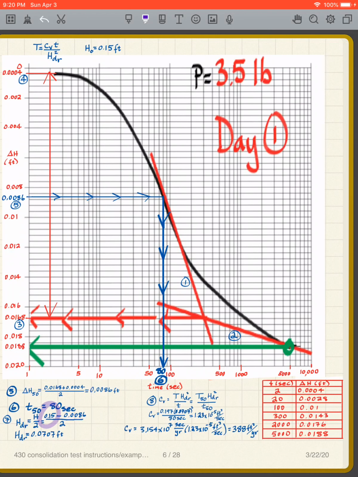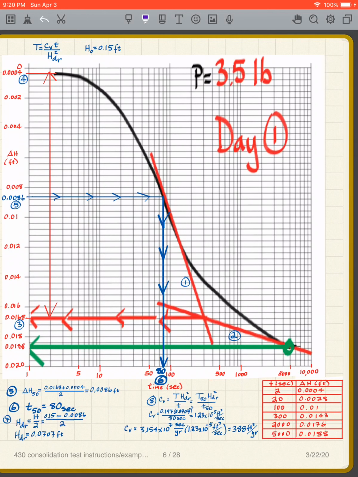So to get my HDR, I have to subtract that, because that's the delta H that has taken place. So it's no longer 0.15 high. It's 0.15 minus 0.0086. I divide it by 2 to get my HDR, because it's double drainage. I get my HDR, and that's step 7.